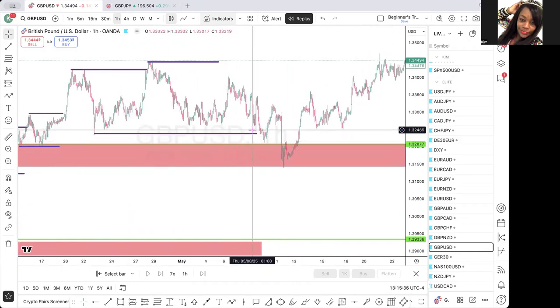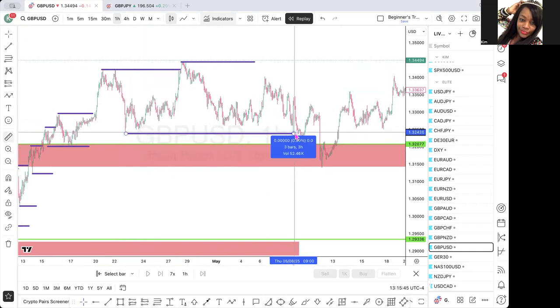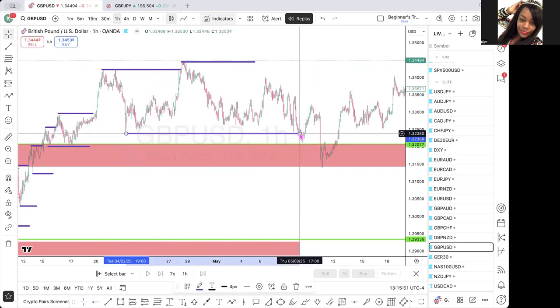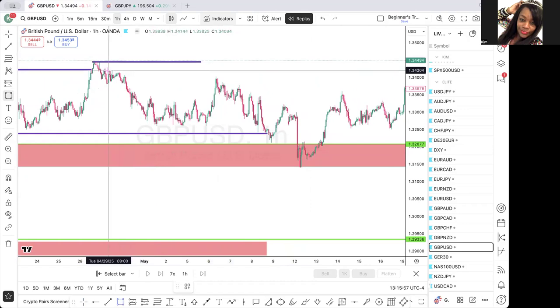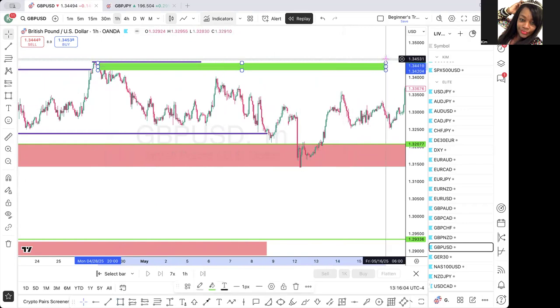But if you're not looking at the overall, as Wisdom mentioned, this was a structure shift. This was a structure shift. So I would have been looking for price to pull back into a supply zone to sell.